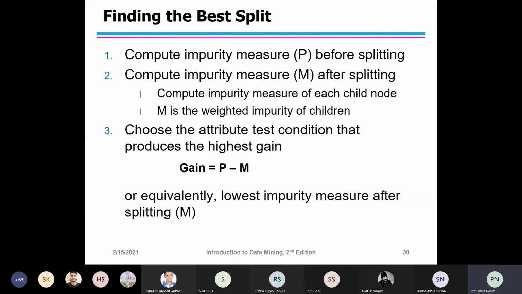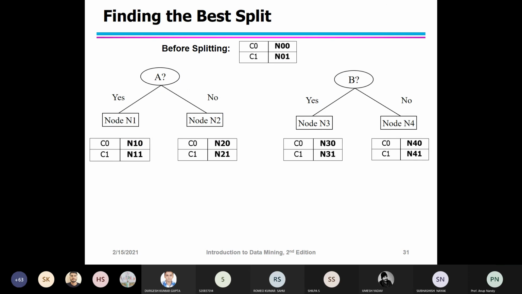And the gain is sometimes known as delta. It is a criterion that can be used to determine the goodness of split. The goodness of split can be determined by what is called the information gain. So you can have P minus M. In this way you can do it.